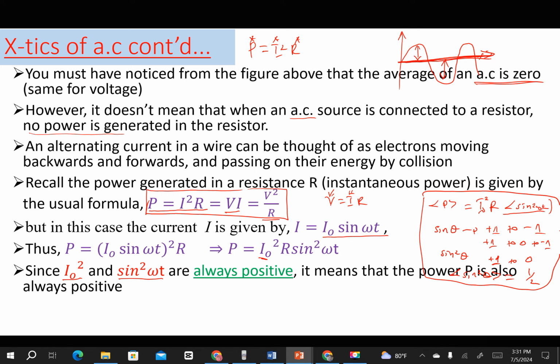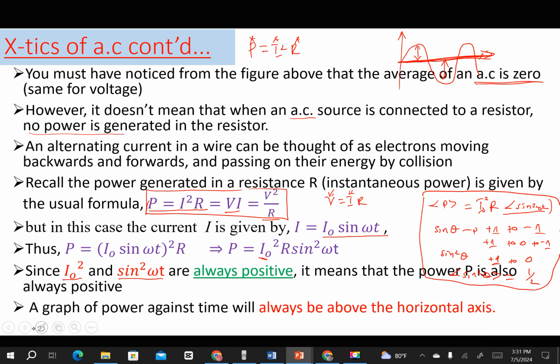The power will always be positive. So if I am tempted to sketch a graph of power against time, it will always be above the x-axis.